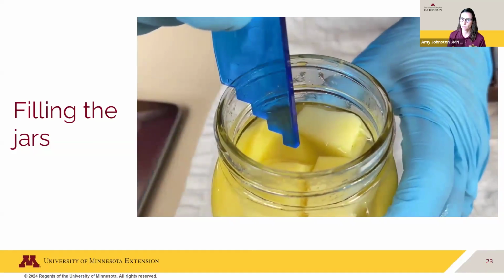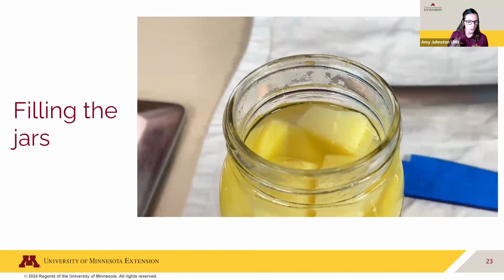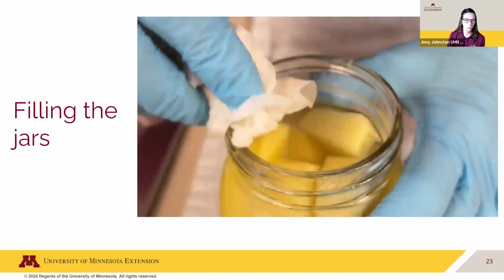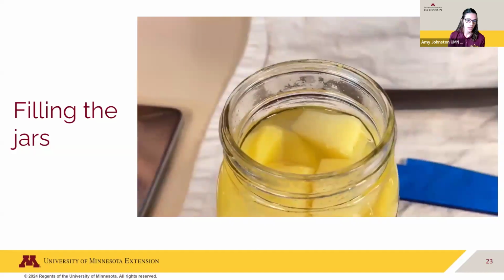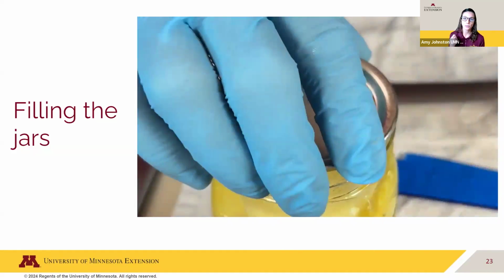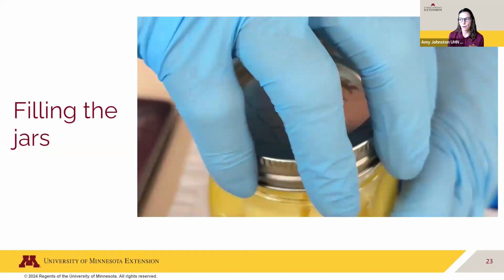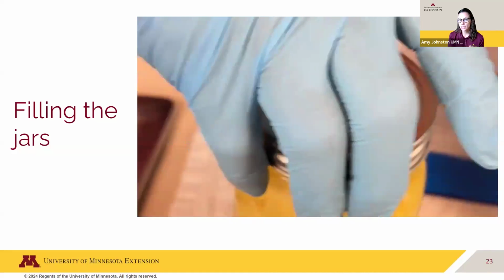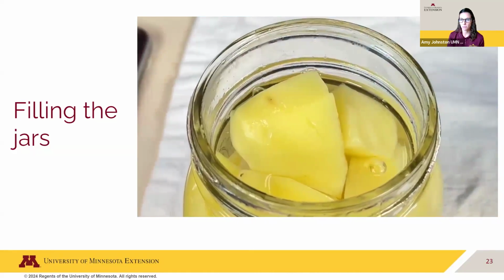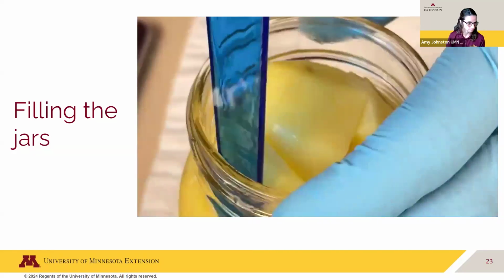That liquid needs a place to go. And then wiping the rim of the jar to ensure we have a clean seal with that lid. And then putting on the ring just to hold the flat in place during processing.